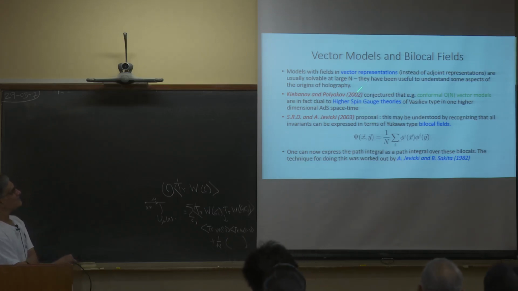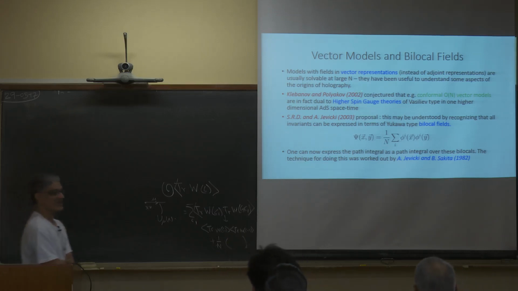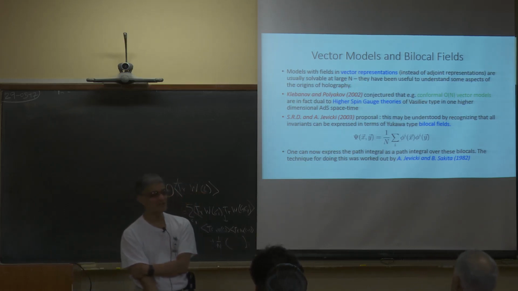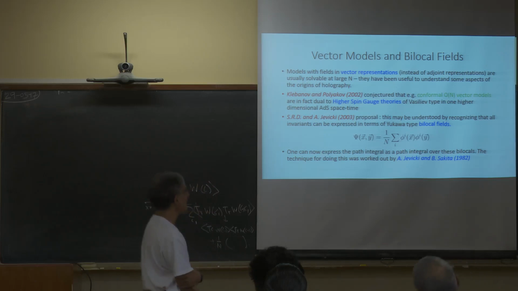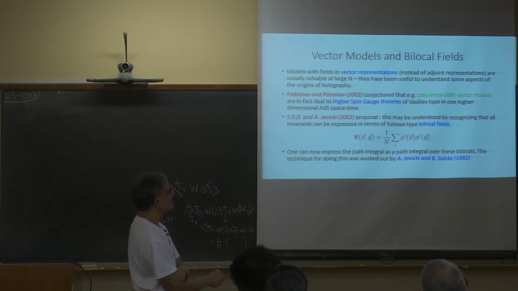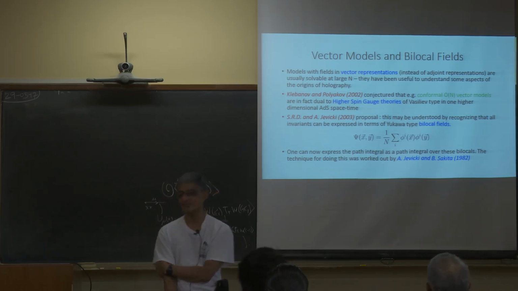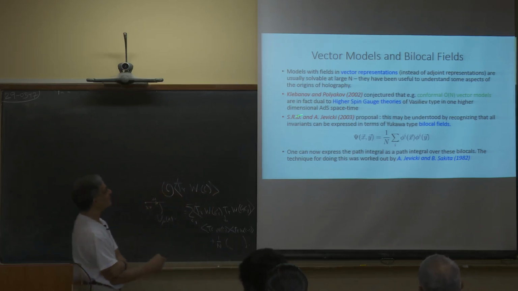So, they have been useful in understanding the origins of holography, though not in a very physically interesting situation, because the theories, as Klebanov and Polyakov conjectured, the simplest versions like conformal O(N) vector models, the bread and butter of condensed matter physics or statistical mechanics, are in fact dual to something called a higher spin gauge theory.